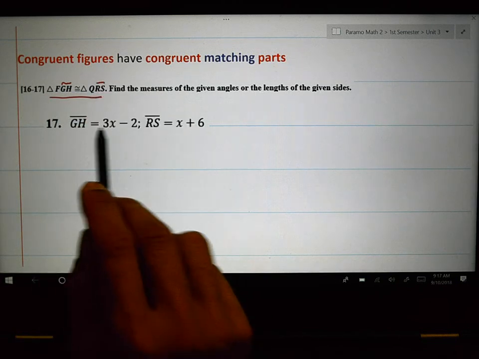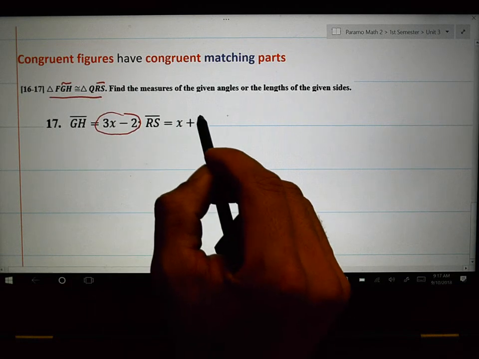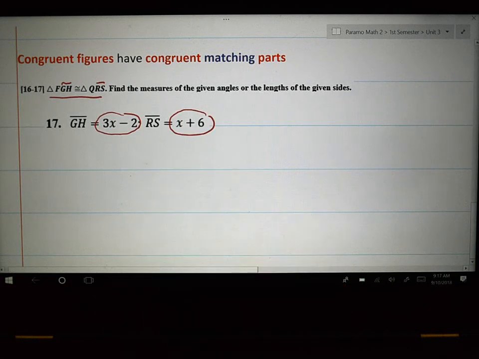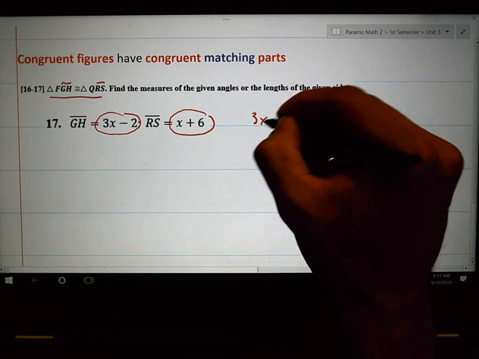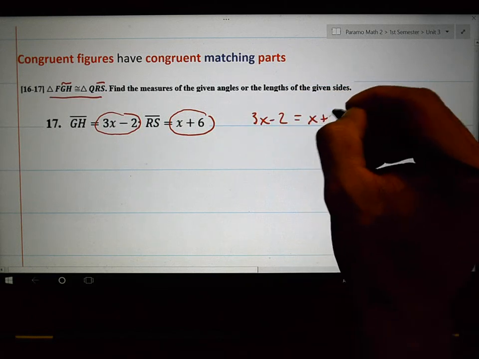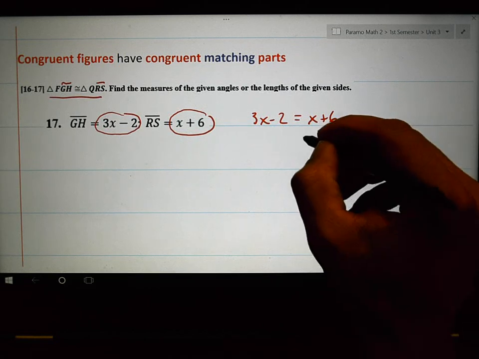What does that mean? That means that this distance here should be equal to this distance there. Then I can write an equation. 3x minus 2 should be equal to x plus 6. We're going to figure out what x is. We'll do the opposite.